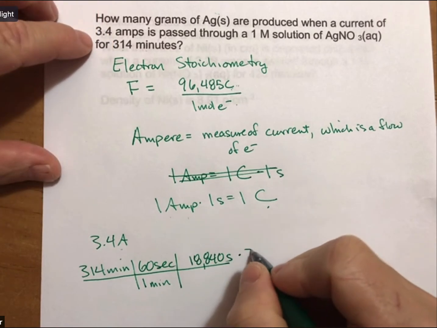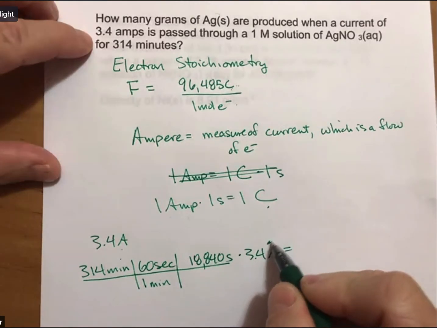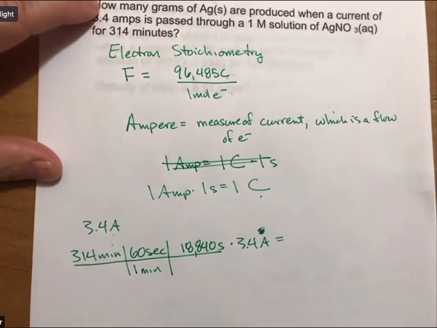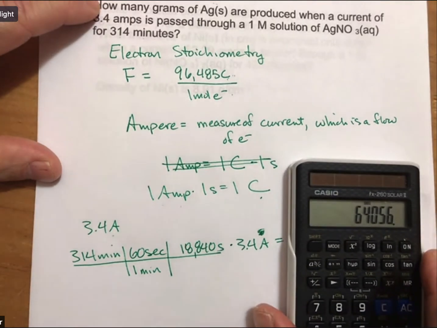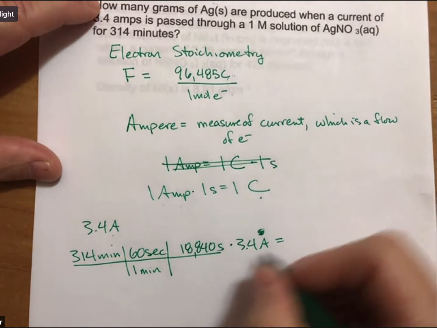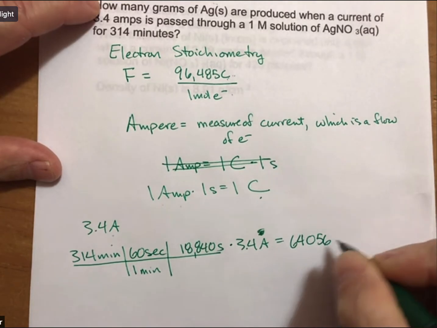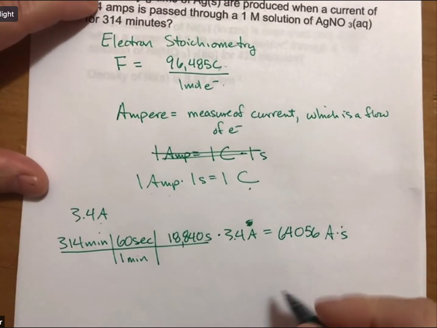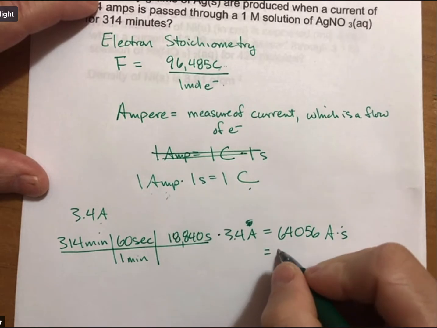Times 3.4 amps. Sorry, I went to make a different symbol there. That's just a scribble out. So 64,056 when I multiply these two together. And these are amp seconds, which are coulombs.